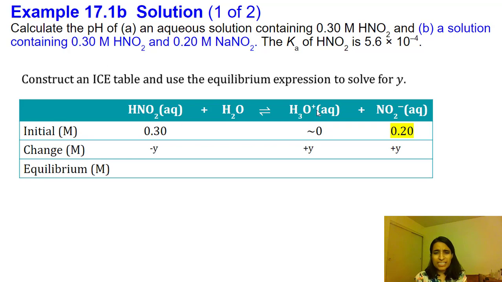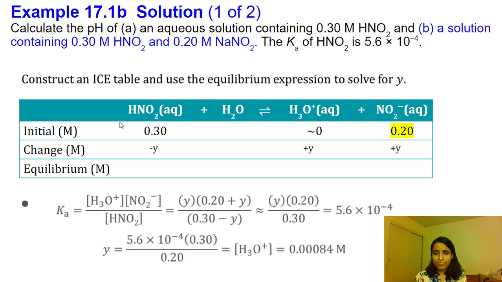Again, we have the exact same equation, but in the initial, we're going to have NO2 ion with an amount. Previously we did x, now we're going to do y, and then we're again going to do that Ka is equal to this times this divided by this.